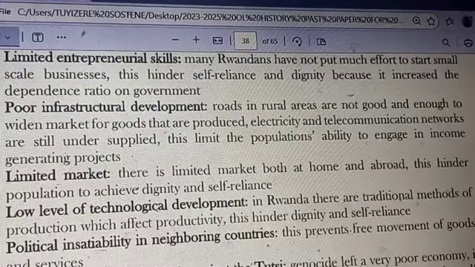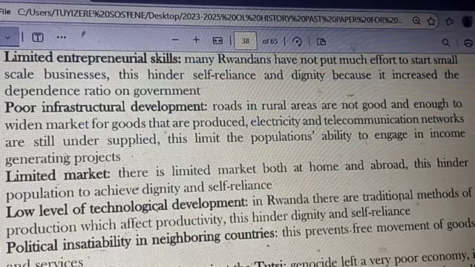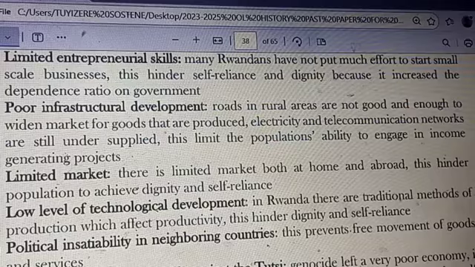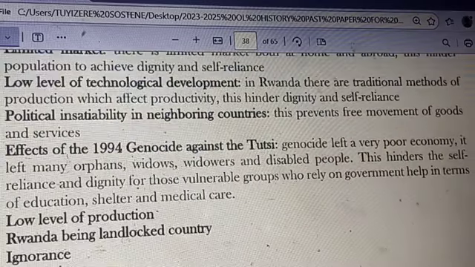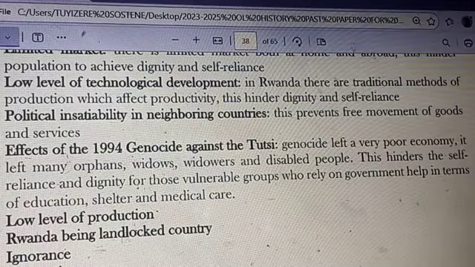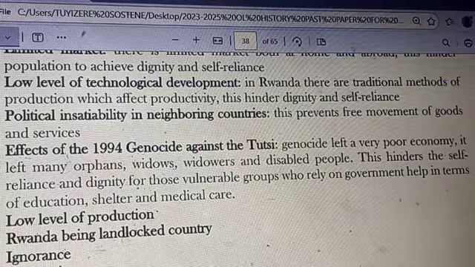Yes. Next is limited market, both at home and abroad. Next is the lower level of technology development, political instability in neighboring countries, effect of the 1994 genocide against the Tutsi, lower level of production, and so on.